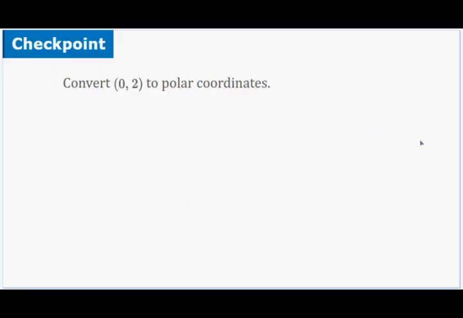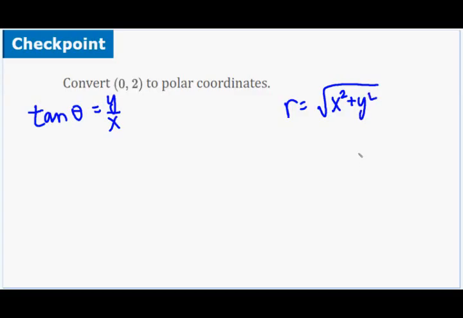Next one, we've got rectangular, and we want to convert into polar. So we need to know that tan of theta is y over x, and r is the root of x squared plus y squared. So over here, tan of theta, our y value is 2, and our x value is 0. Uh-oh.